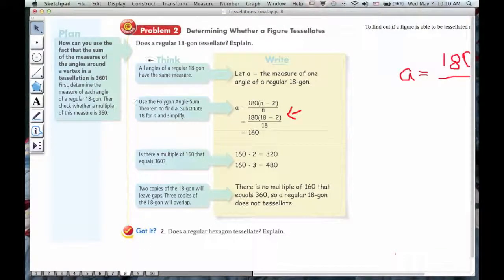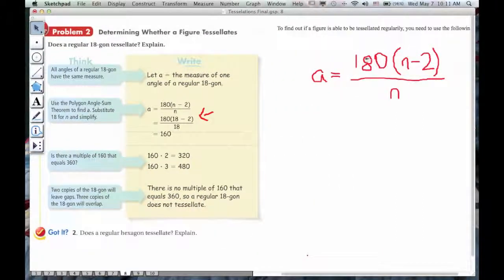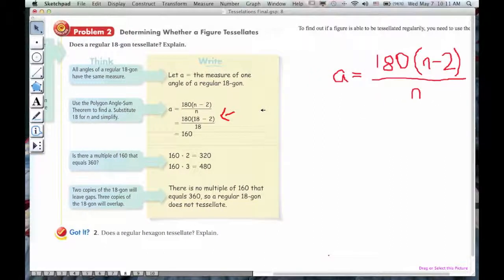Now, when trying to figure out if different figures can tessellate, you have to use this formula right here: A equals 180 times (n minus 2) over n. Here's a quick example. N equals the number of sides, so let A equal the measure of one angle of a regular 18-gon.